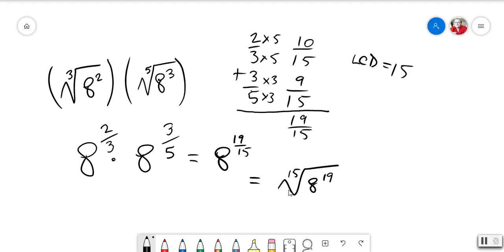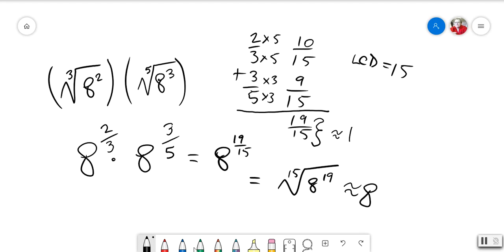And actually, I can tell you what that would be very, very, very close to. It would be a little bit bigger than 8. Now, I'm not a computation machine, but 19 fifteenths is very close to 1. Very, very close to 1.